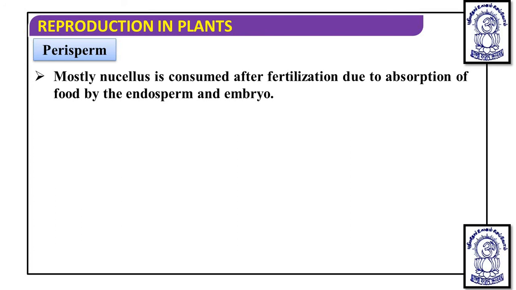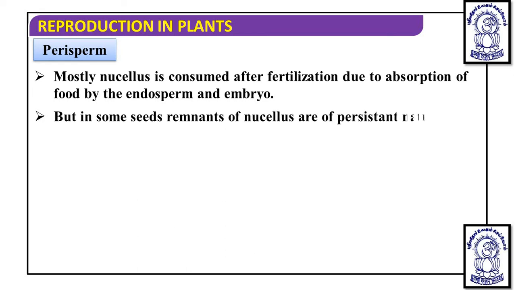Mostly the nucellus gets consumed after fertilization due to the absorption of food by the endosperm and embryo. But there are some seeds in which you will still see the presence of nucellus after fertilization. Such seeds with persistent nucellus are known as perispermic seeds, and the nucellus is known as perisperm.